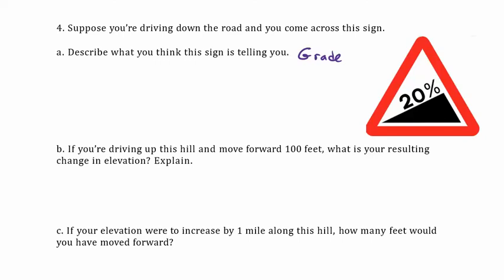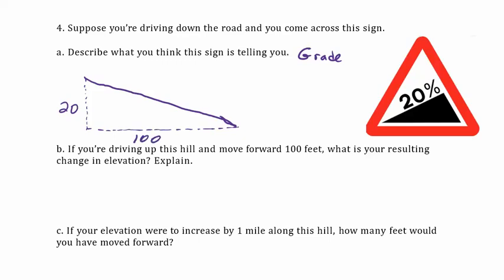And really what it's describing is, let's say we have a road and that road is going downhill, okay? It's losing elevation. So a 20% grade would mean that you are going to drop 20 feet or 20 units. It wouldn't have to be feet, but usually when we're driving we think of feet or meters, something like that, over 100 units.